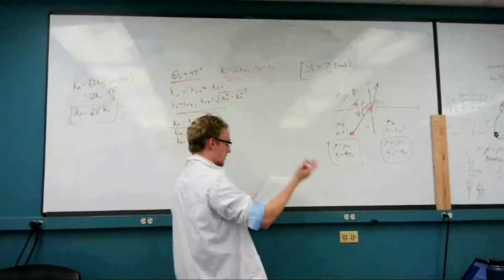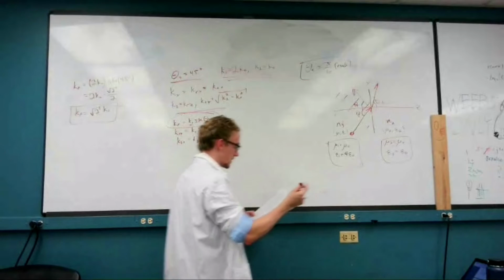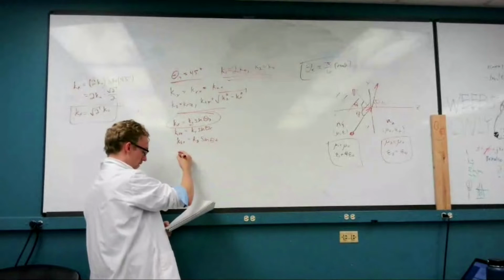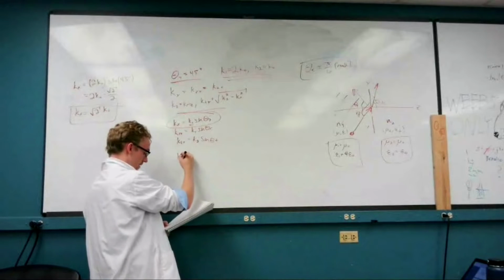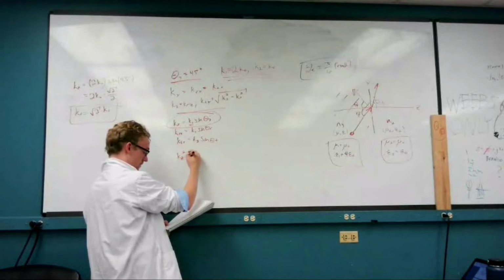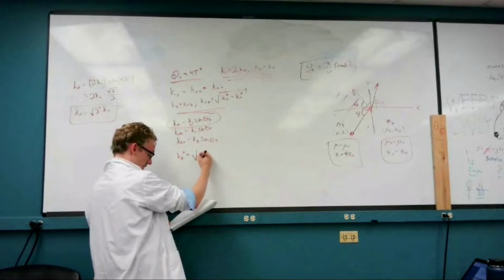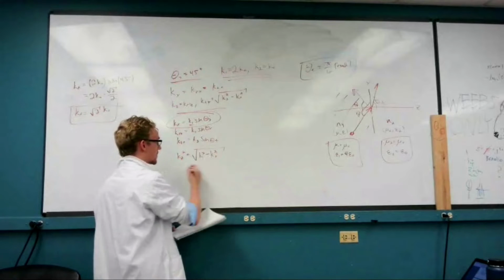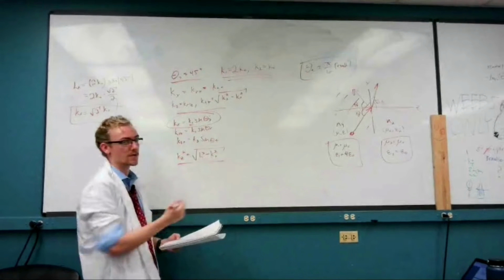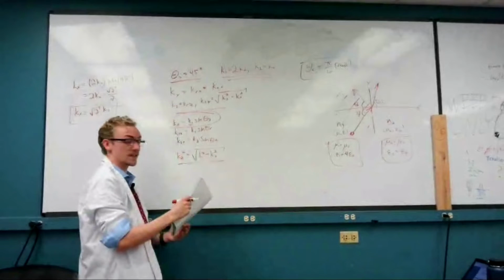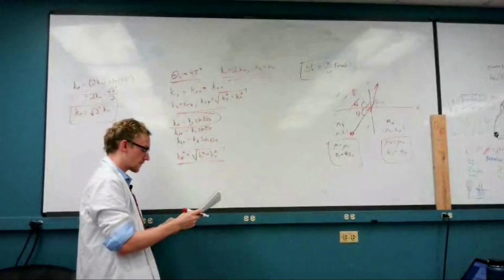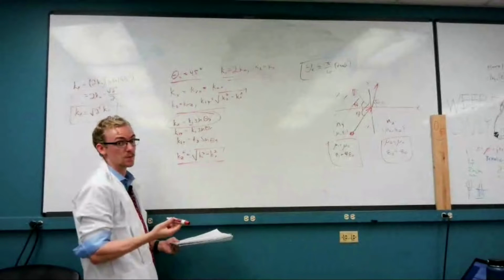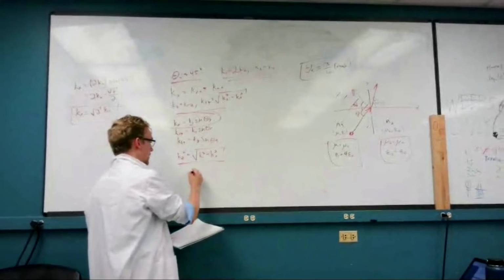There are more equations that you can find using the phase matching conditions, and the one we're particularly interested in is that kz is equal to the square root of k1 squared minus kx squared. Now that we have solved for k1 and kx, we can calculate kz.